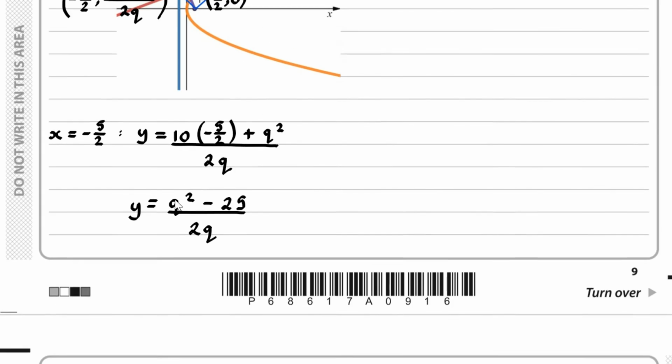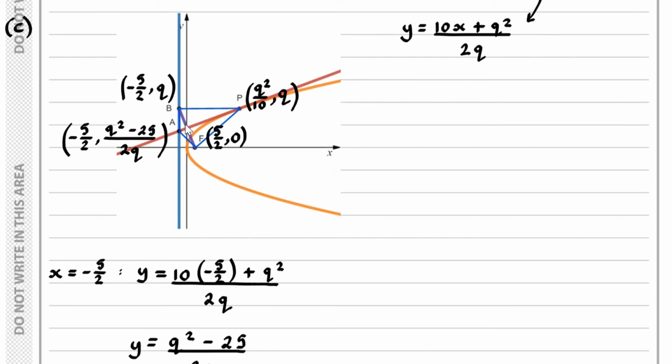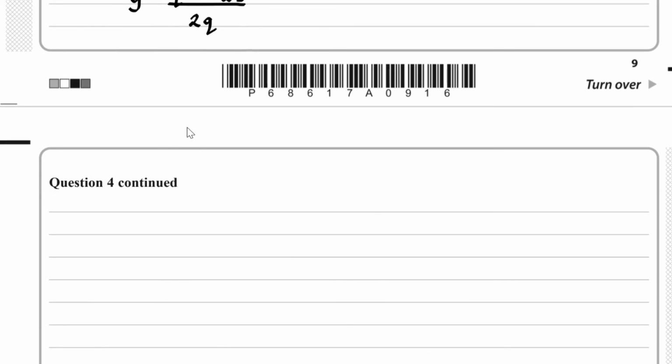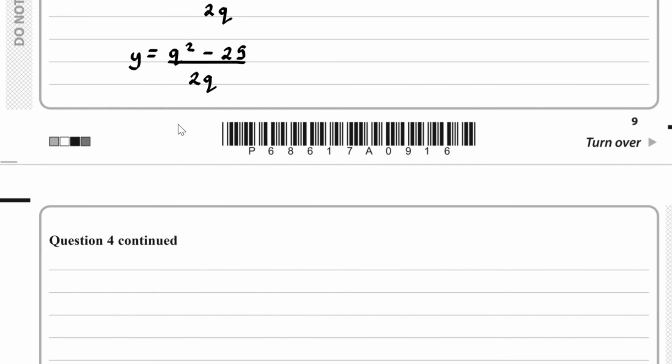Now, what we can do is find out the intersection point here. So the way we can do that is to first of all find out the equation of BF.